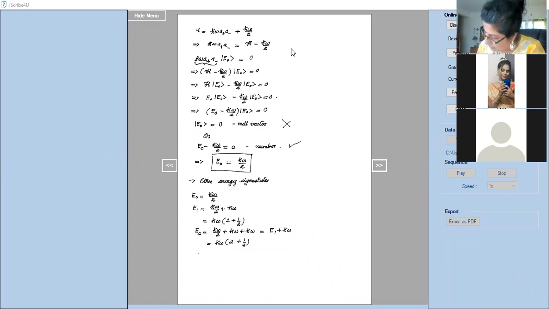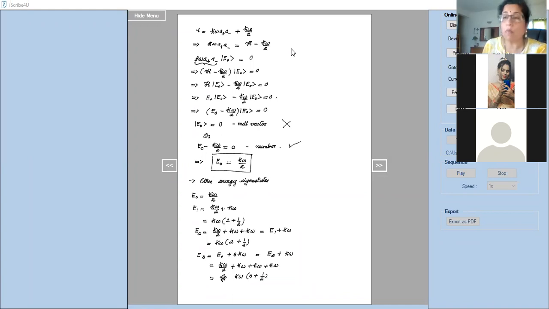Then E3 is going to be either E0 plus 3 h cross omega, or E2 plus h cross omega, or E1 plus 2 h cross omega, it doesn't matter. Whatever way you write it, the answer is finally h cross omega into 3 plus half.